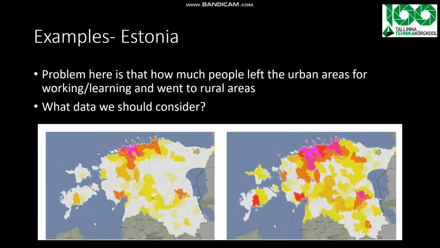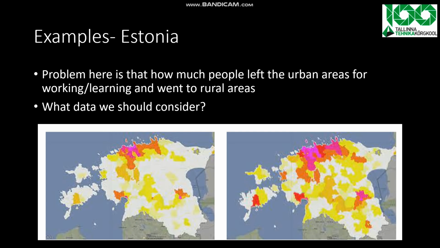I will say the context is before and after the lockdown of Estonia, a week apart. The picture on the right is made a week after the first picture on the left, and you see how many people went to the rural areas, and this project is really based on mobile data.